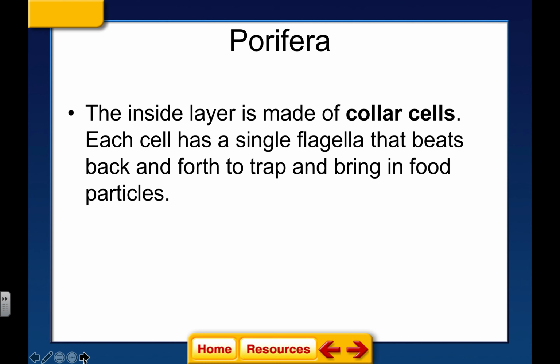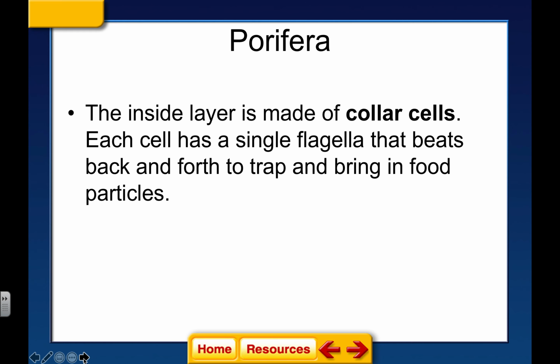If there's not a current or a flow of water, they beat these flagella back and forth, and that causes a current or a water flow where they can trap the food and bring it in and get it digested into the amoebocyte. So it's not for movement. The flagellum is not for the actual movement of the sponge, but it is for movement of the water to make a current in case the water is still, and that's going to bring the food particles in where they can get it digested.